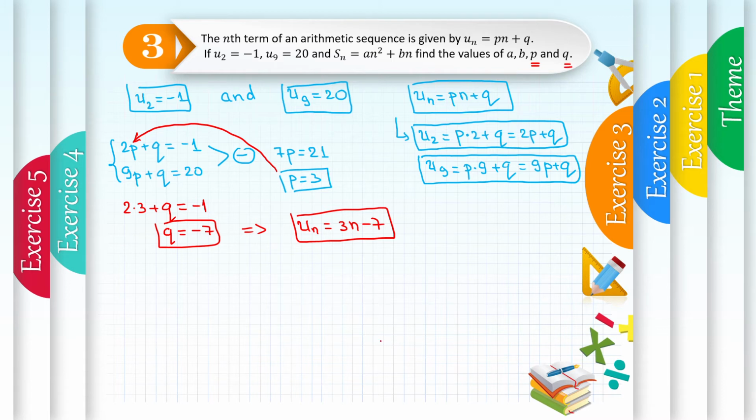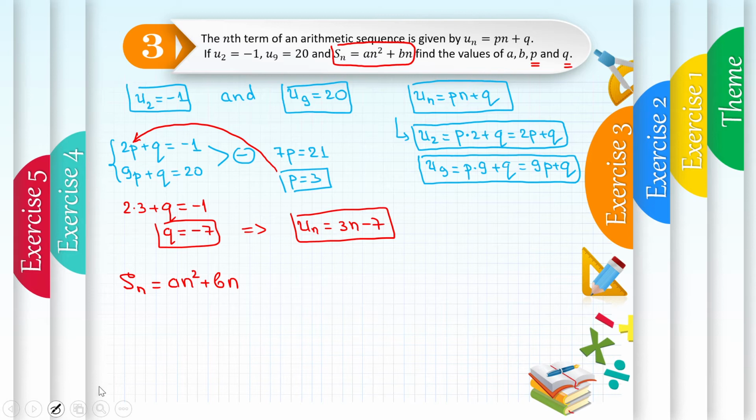Next, we are going to find the values of a and b. For this, we will use the information that this arithmetic sequence has the formula for the sum of the n terms equal to an squared plus bn.